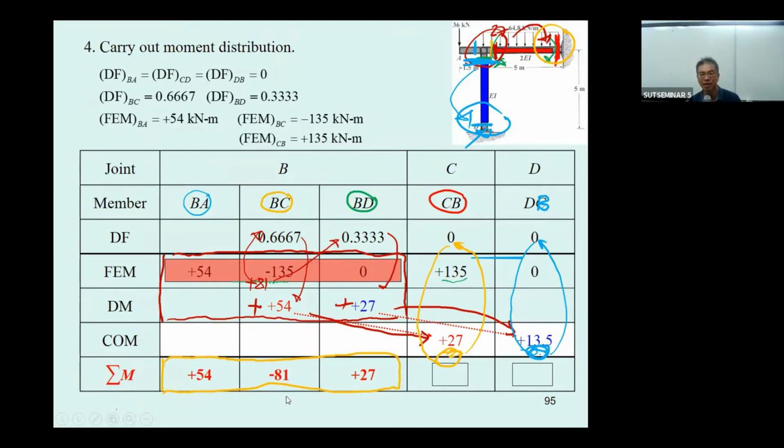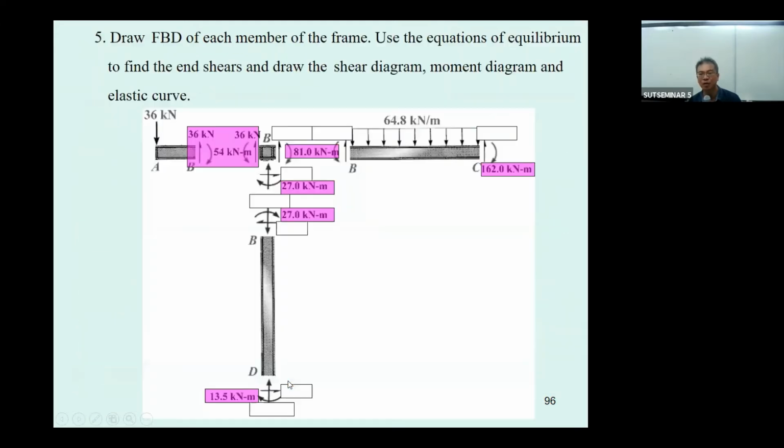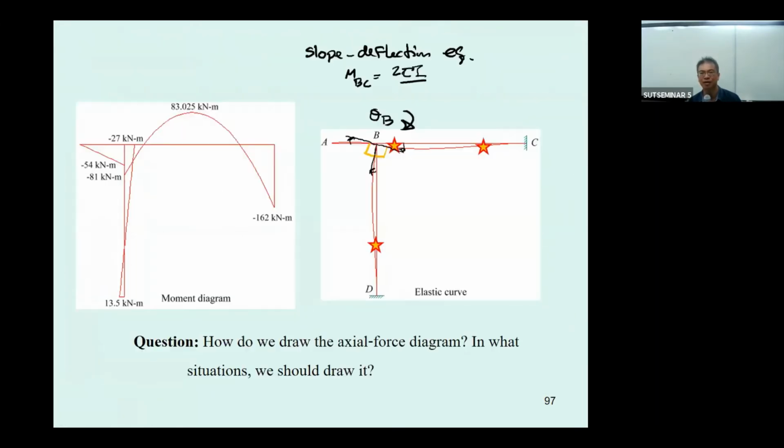M sub BC is going to be minus 81. So this is going to be minus 81, and this is going to be 2EI over 5, and 2 theta b plus 0, plus 0, minus 0.